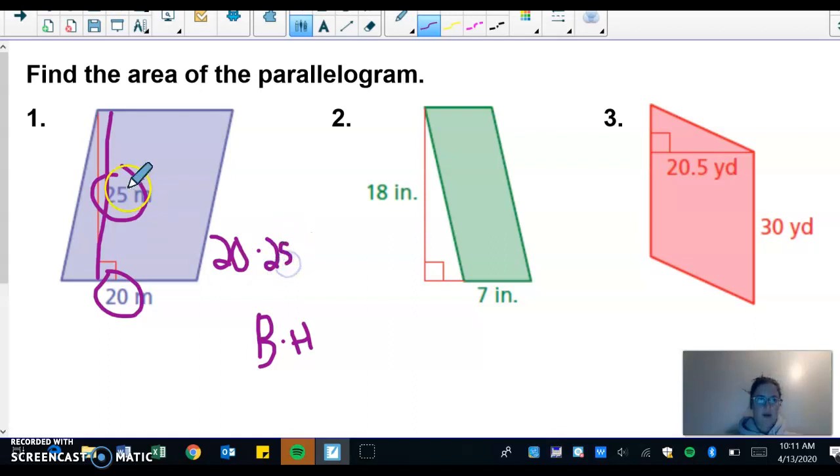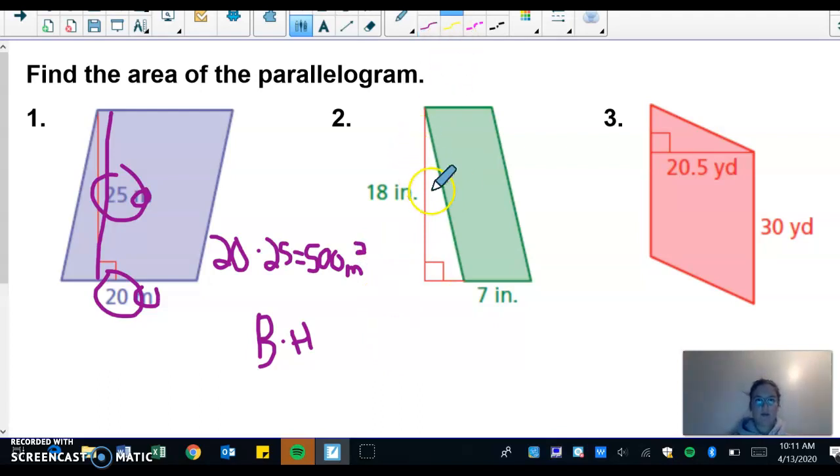So then this parallelogram, the area would be 500. And then how we do area is the unit is M and M, so M squared with a 2 because we're multiplying.